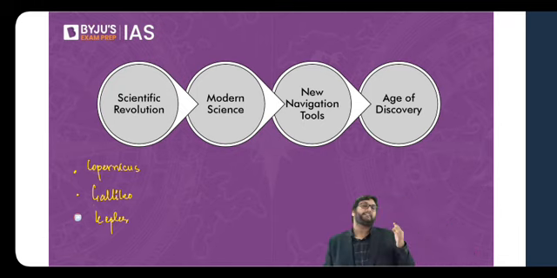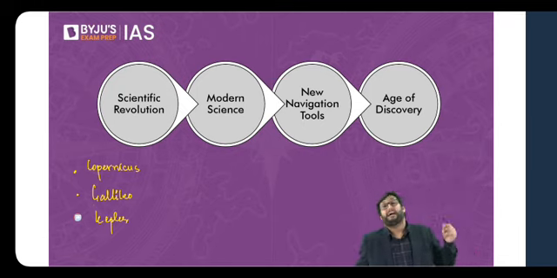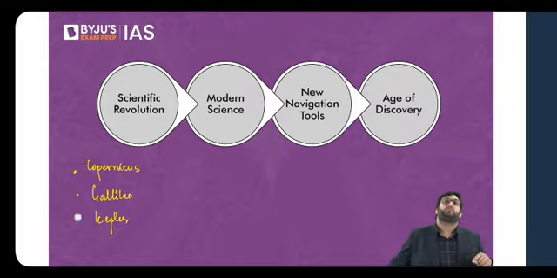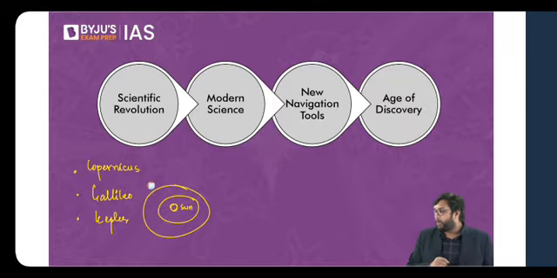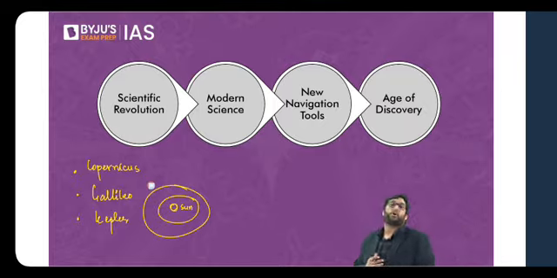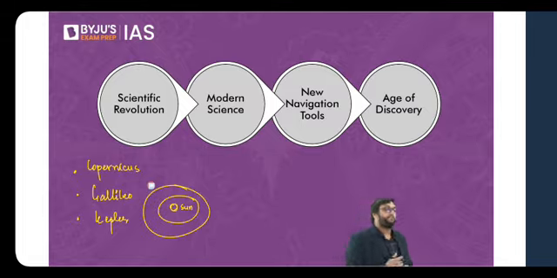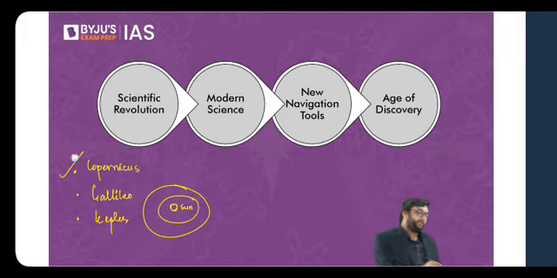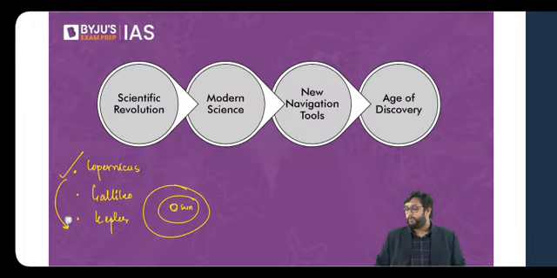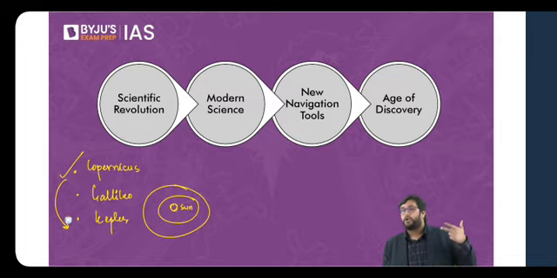The heliocentric view is that the earth is not the center of the universe, but the sun is the center of the universe, and earth is one more celestial body which goes around the sun. Copernicus proposed it.